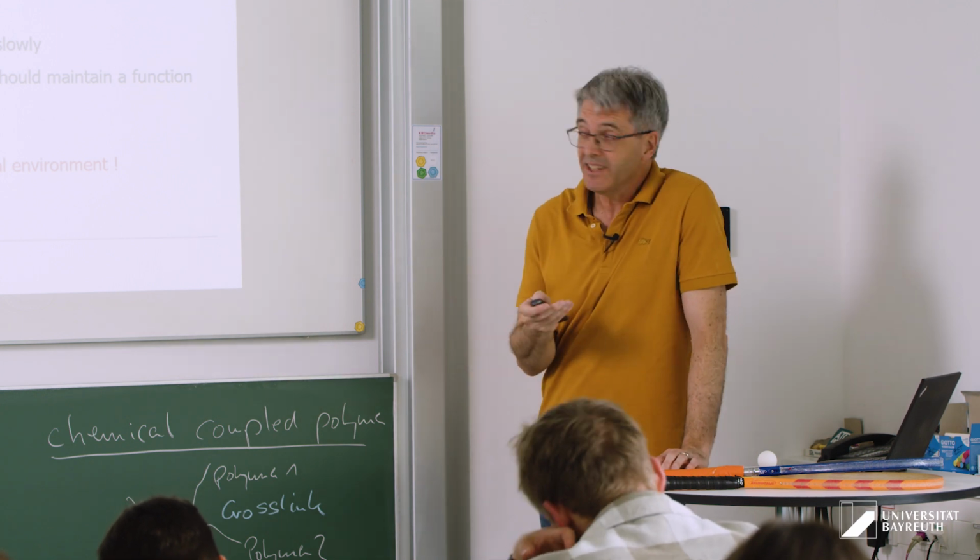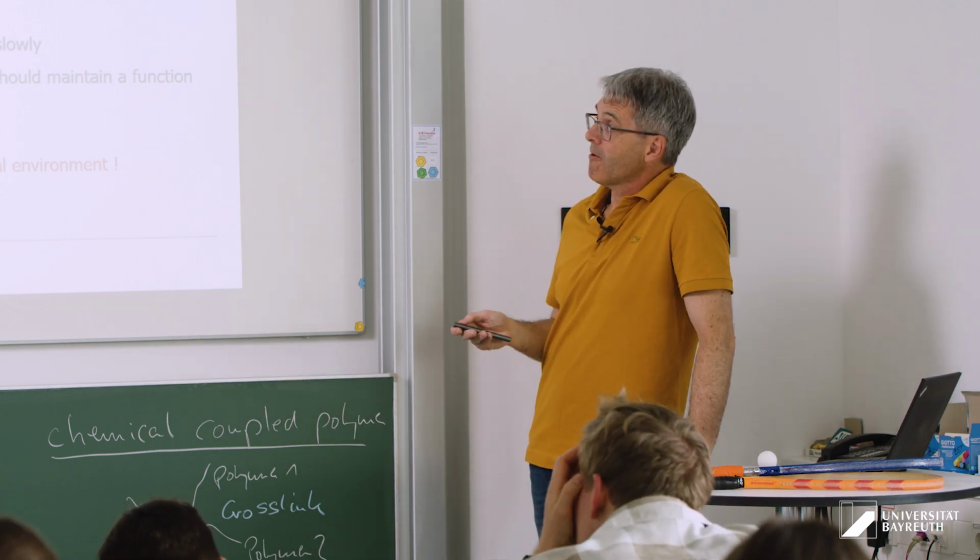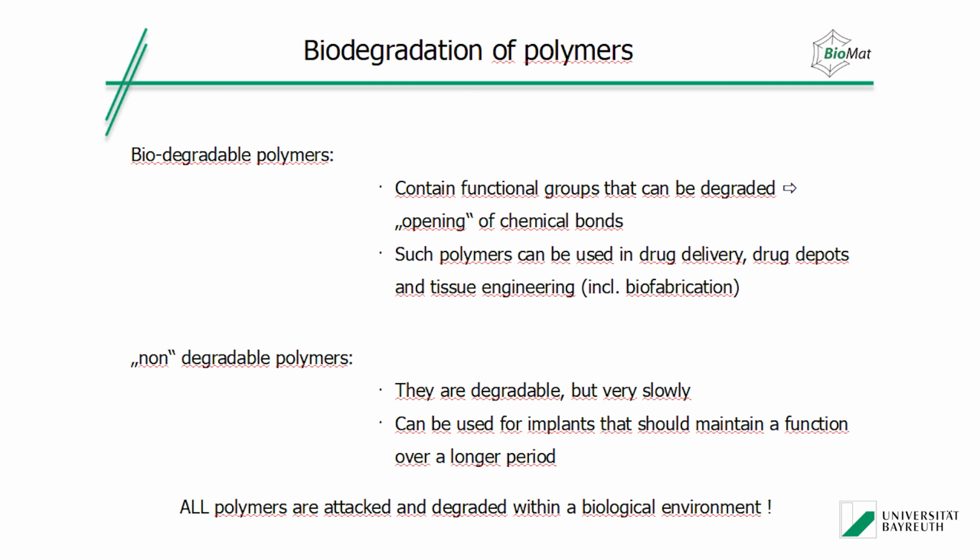How about the non-degradable polymers? The point is, they are also degradable, but it's just very slow. And again, if we go to the argument with microplastics, we do have plastics that are degraded, but it takes hundreds and thousands of years if they are just in the environment. We have to consider a human being is not living for 1,000 years.